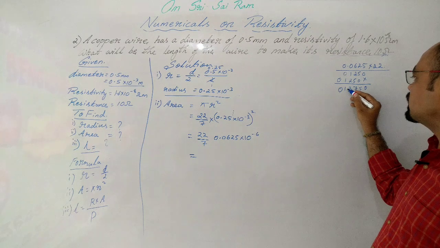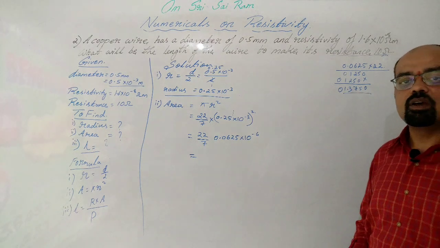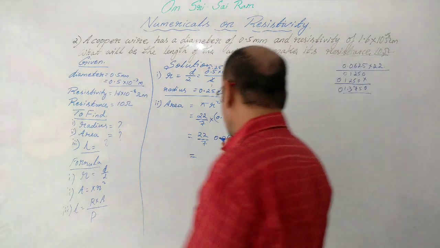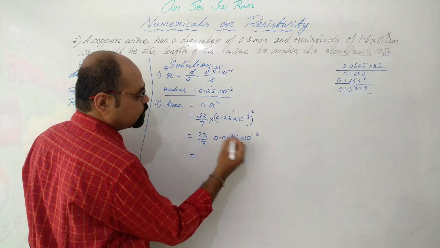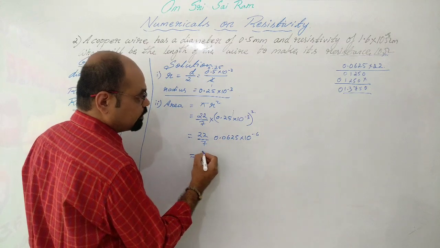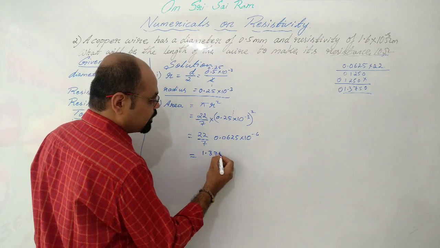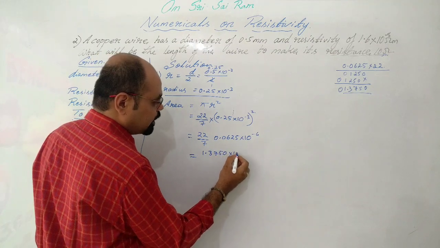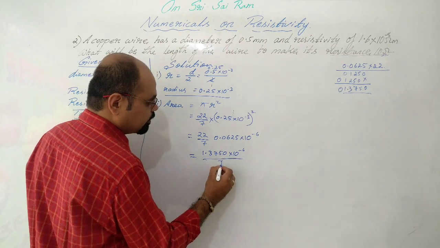So we get the answer as 1.3750. So 22 into 0.0625 is 1.3750, into 10 to the power of minus 6, divided by 7.